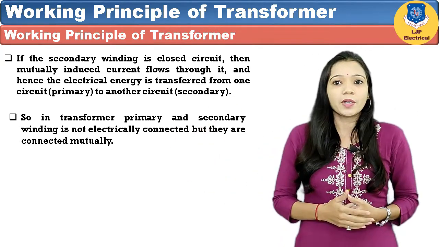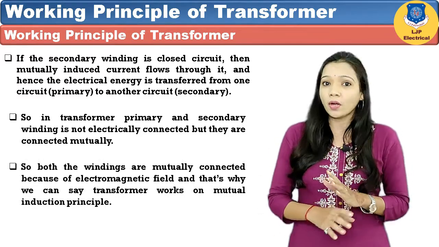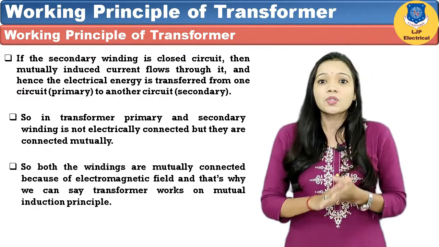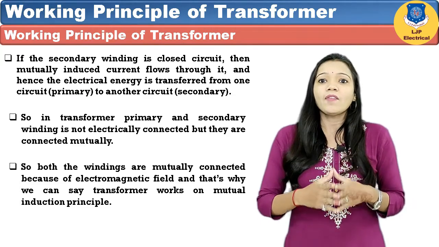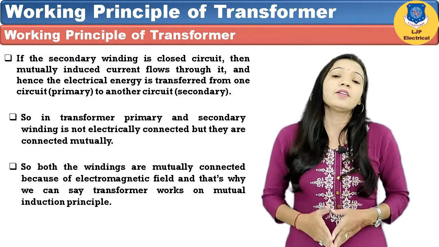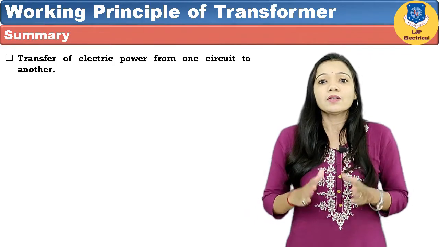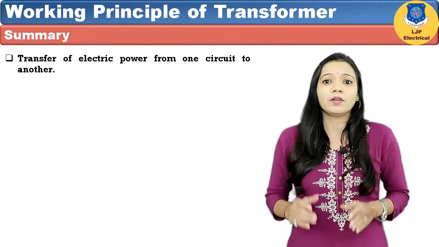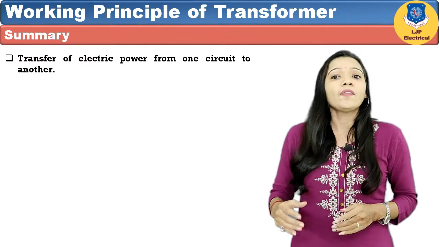So in a transformer, primary and secondary winding are mutually connected, not electrically connected. Both the windings are mutually connected because of the electromagnetic field, and that's why we can say the transformer works on mutual induction principle.